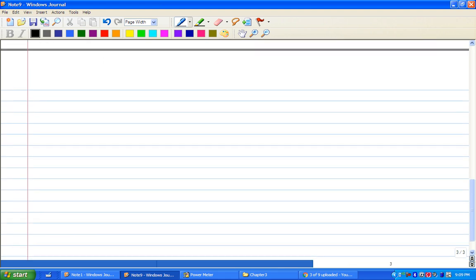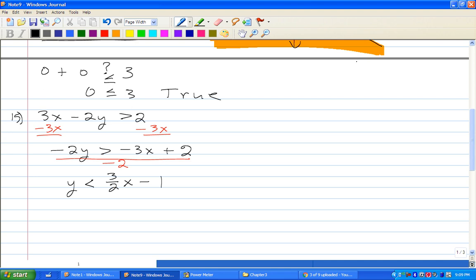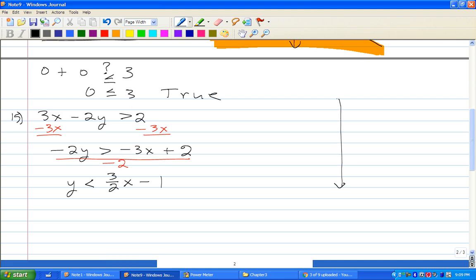Okay, so we have here the following. Let's try to graph the inequality. So let me put some tick marks.